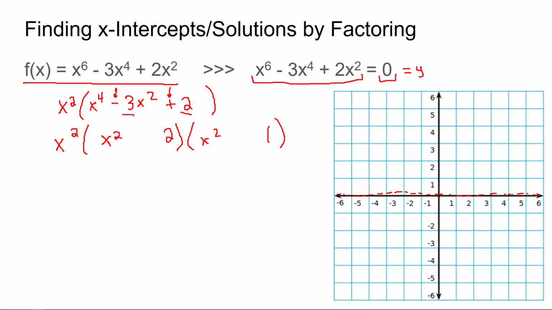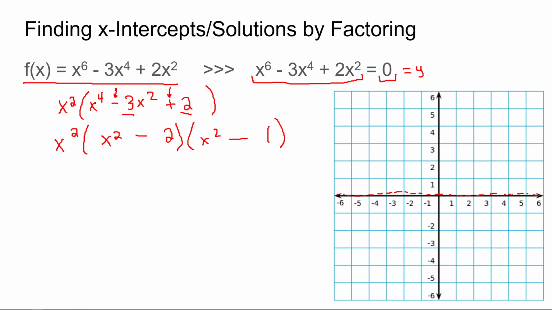So let's try that. If the signs are the same and negative, I'd put a negative here and a negative here. Double checking that, x squared times x squared would be x to the fourth. Outer, I'd have negative 1 x squared. Inner times the inner, negative 2x squared, together that's going to give me the negative 3x squared. Negative 2 times negative 1 would be positive 2. So we haven't messed this thing up yet.